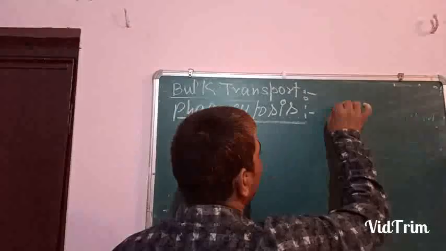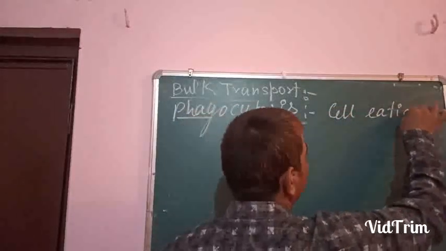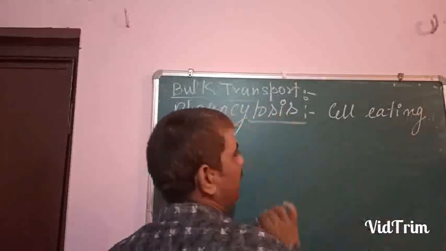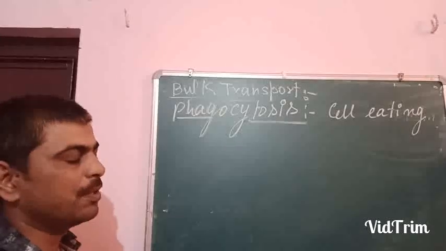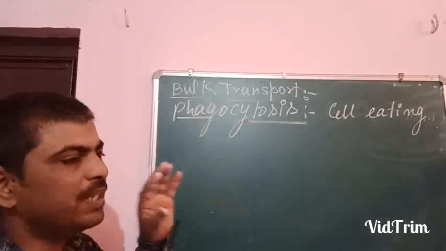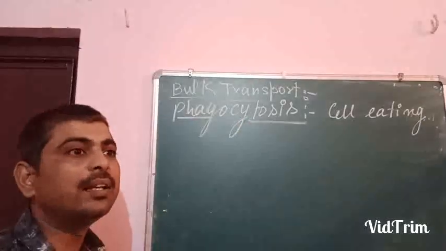It can also be called cell eating because the material is solid here. The material which will be transported inside the cell is solid here. So this type of mechanism is called cell eating.